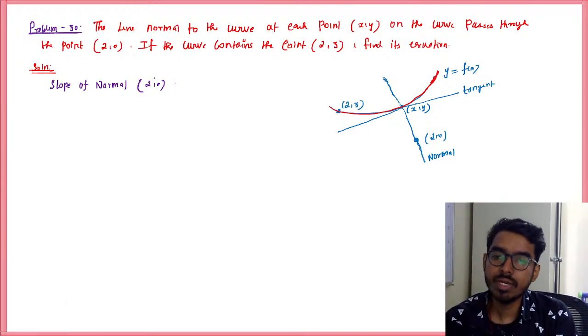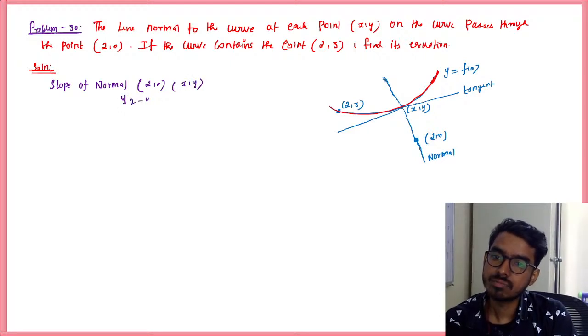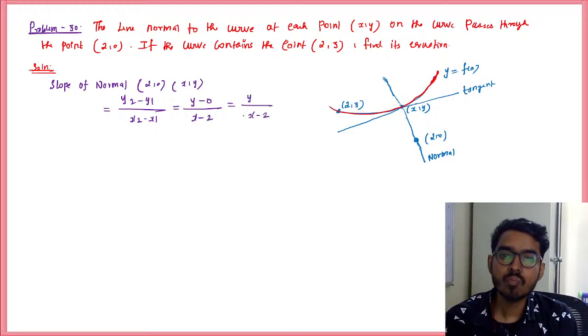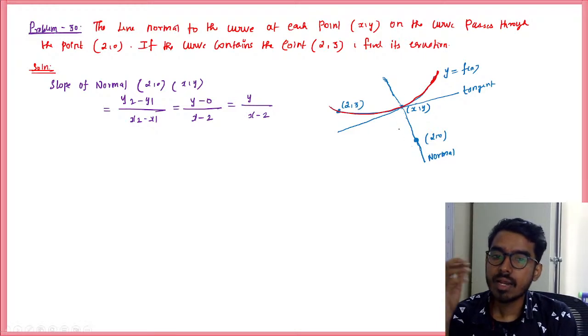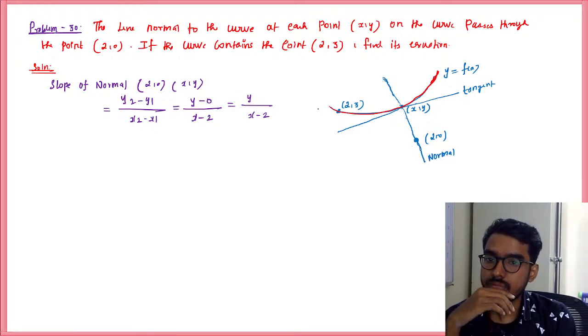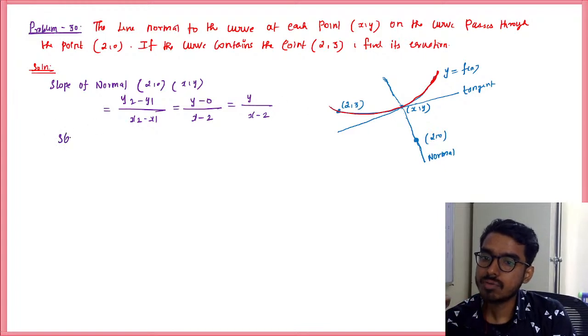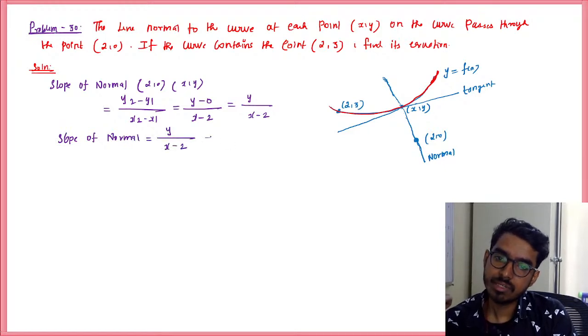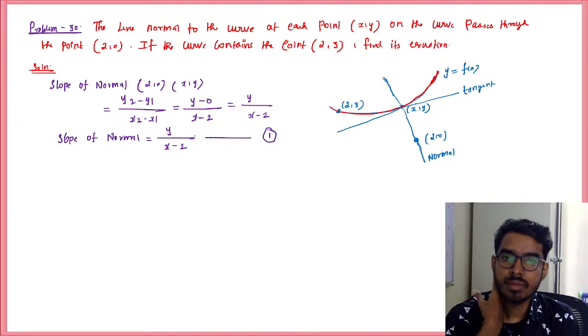It is y2 minus y1 divided by x2 minus x1, right? So y by x minus 2 is the slope of normal. So we have slope of normal equal to y divided by x minus 2. Call this equation number 1, right?